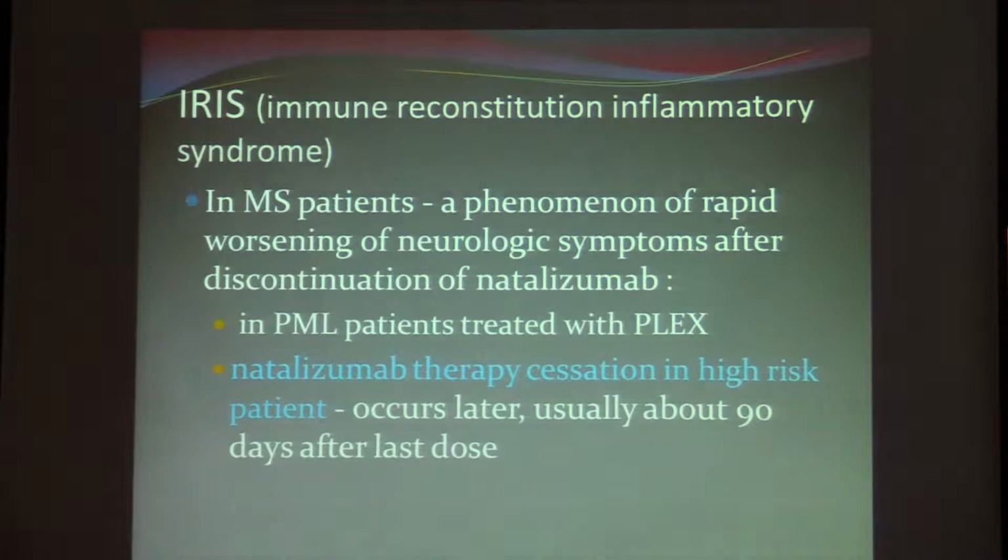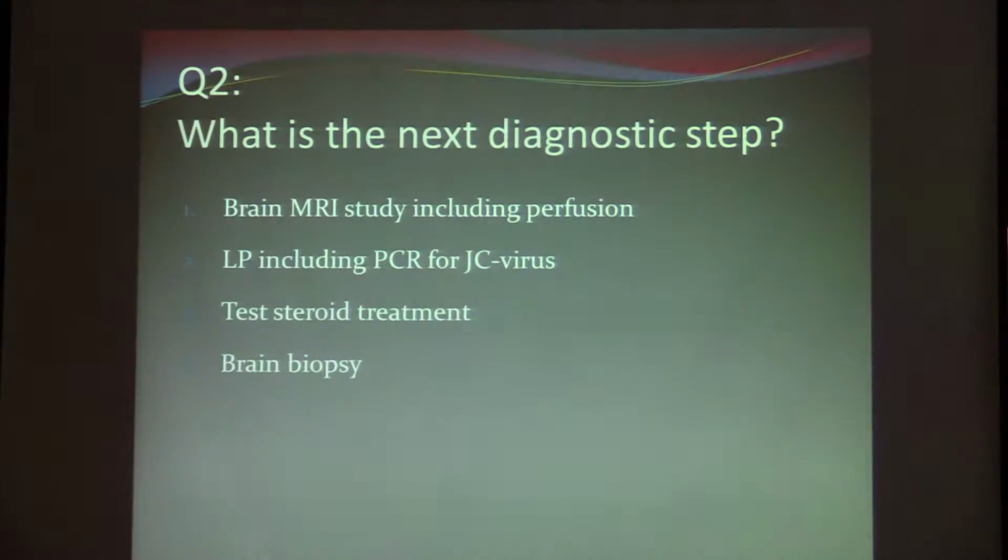It actually can occur in 2 clinical scenarios: either a patient who developed PML and that's why natalizumab was stopped, or even plasmapheresis was used to clear the drug fast, or natalizumab was stopped because it was a high-risk patient, as in our case. It's important to emphasize that in these cases, the clinical features of IRIS occur later, about 90 days after the last dose.